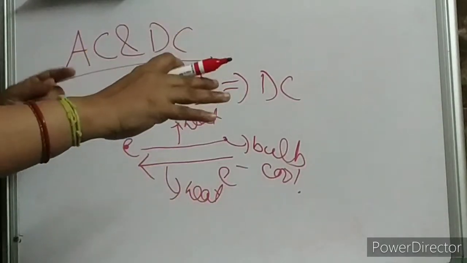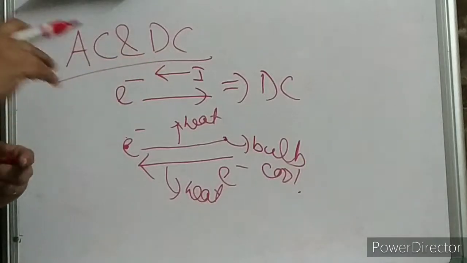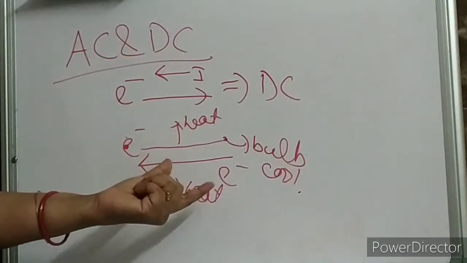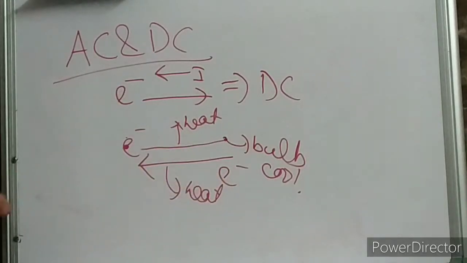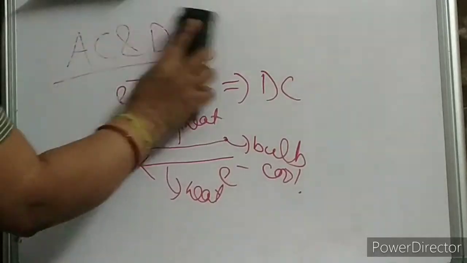Heating up, then cooling down, again heating up, again cooling down. This is the cause why your tube light flickers. Clear, children?